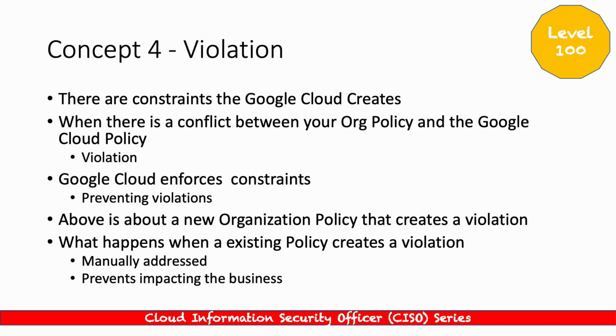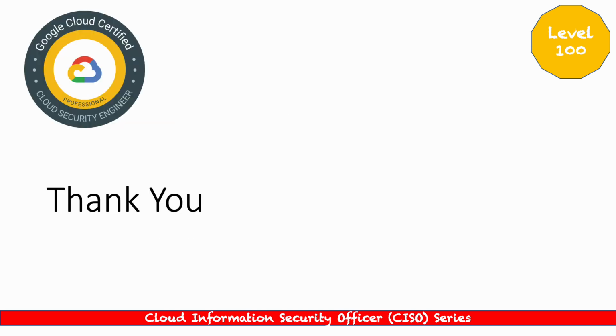They may have created something new. They can't simply shut you down because of a violation, because that's going to impact you, the business, the consumer of Google Cloud. So in that instance, what actually happens is you're given time to manually fix that violation. It's not an automatic thing, right?